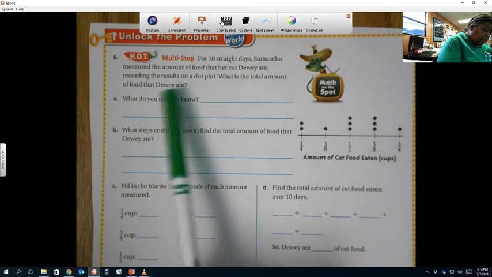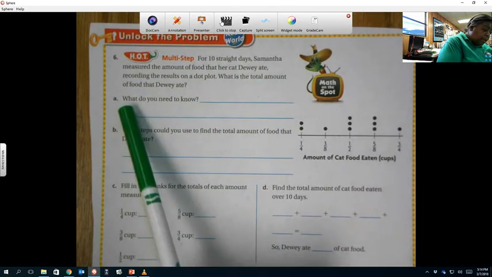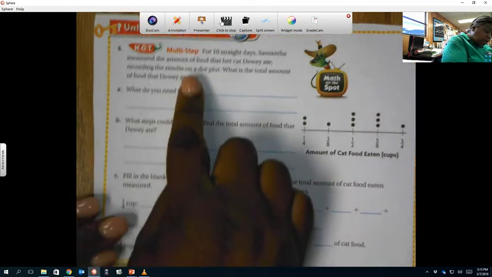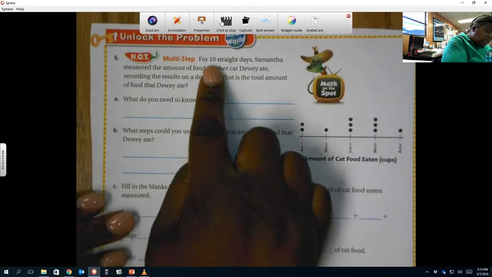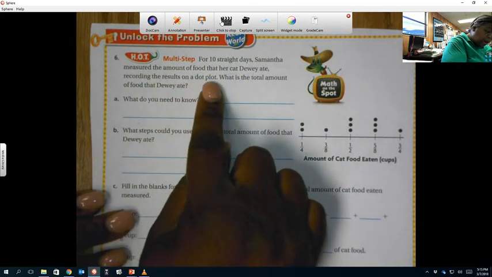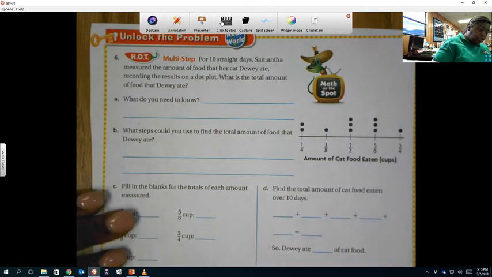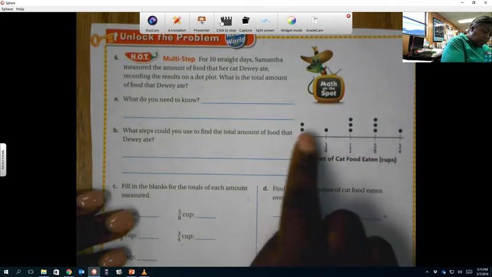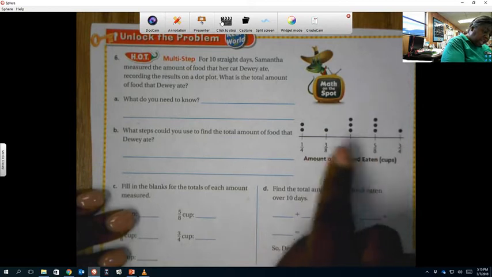What is the total amount of food that Dewey ate? First, ask yourself, what do you need to know? Well, it says that she measured the amount of food and recorded the results on the dot plot. So here, the amount eaten is in cups. So I need to know the different amounts that he ate.